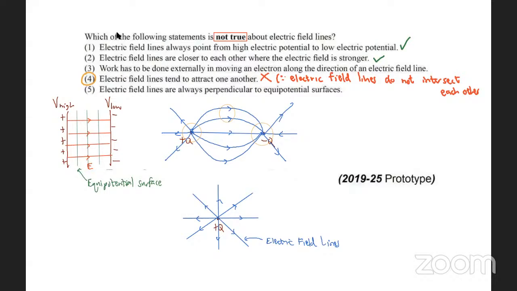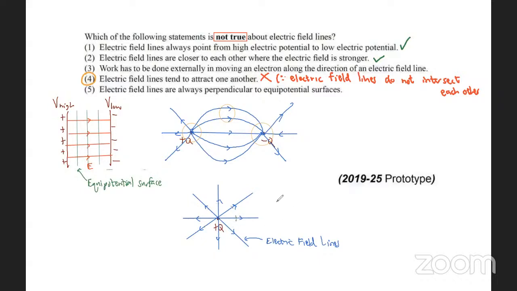Equipotential surfaces must be perpendicular to these lines. So when you draw, let's say you want to draw perpendicular to this. Yeah, it's not really a circle, it's a sphere, but it's okay. When you see it from the side, it will look like a circle. So the perpendicular line to this is a line like this. Perpendicular to this is this, and perpendicular to this is this.